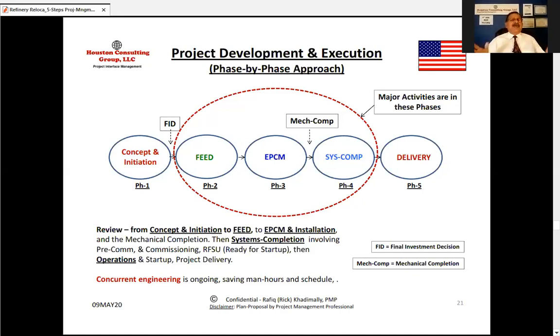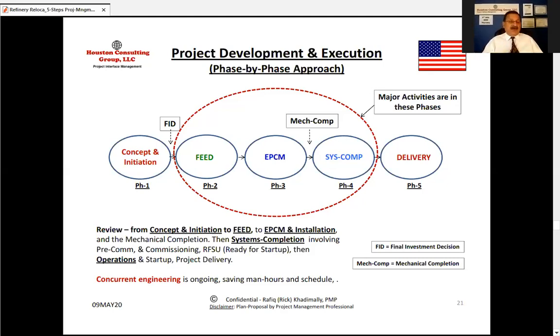What we come to at the tail end of it is what is called mechanical completion. Then we go into systems completion, which is pre-commissioning and commissioning, and which is phase 4. So phase 2, phase 3, and phase 4, these are the major activities where all the nitty-gritty is happening. And then phase 5 is delivery.